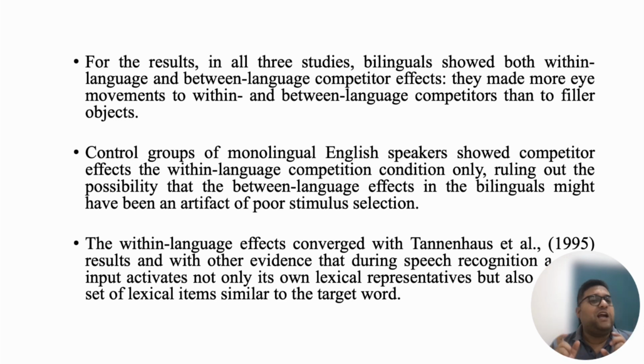They made more eye movements to within language and between language competitors than to filler objects, which tells us that while there is competition among within language cohort candidates, for example between cattle and caterpillar and everything that starts with CAT, there is also competition across the languages. For example, there was competition between marku and marker, which are lexical items from the two different lexicons of the individual.